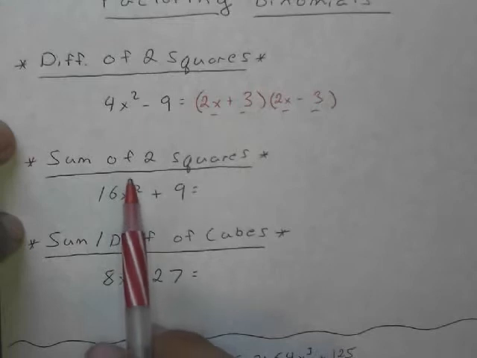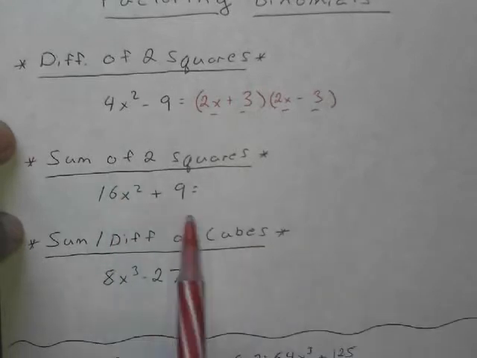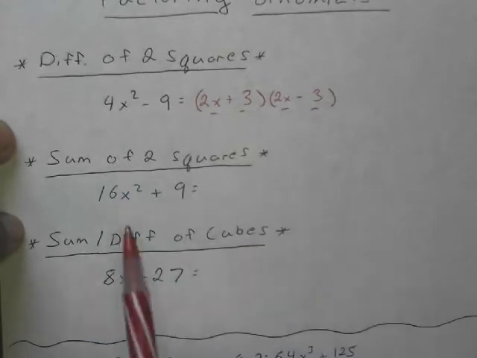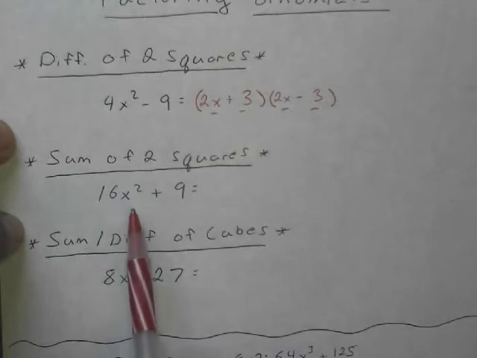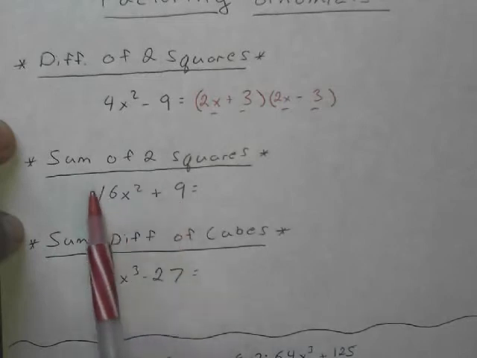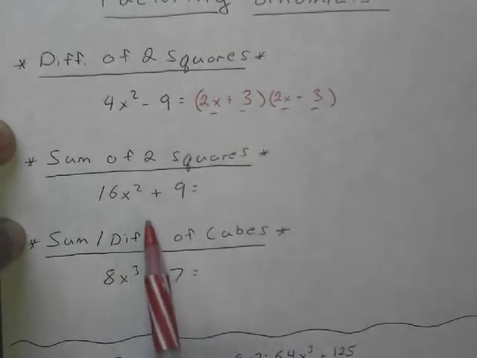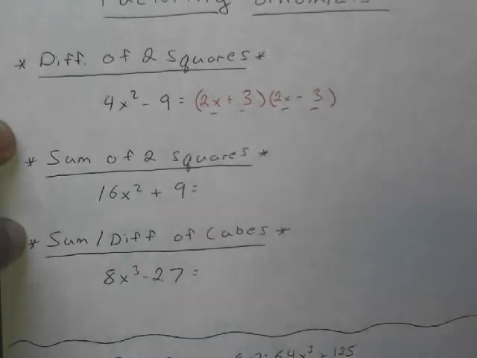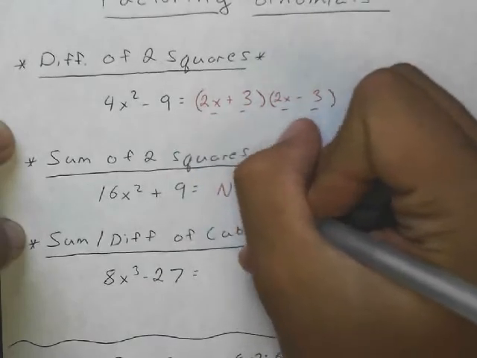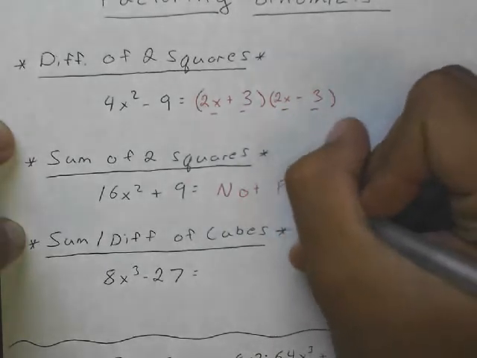For sum of two squares, meaning everything in here is a perfect square, 16x squared and 9, and sum, meaning there is a plus sign in between. If you ever see a problem like this, it does not factor. This is not factorable.